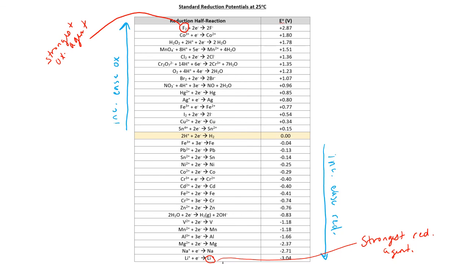And so we can use these values for the standard reduction potentials in order to calculate the cell potential for any battery that you want to make using pretty much any of these substances. And depending upon what you use, you'll get a cell potential that could generate more volts or less volts.